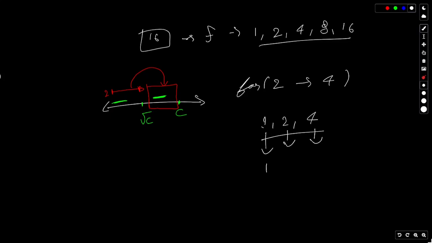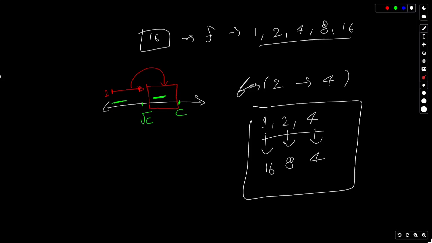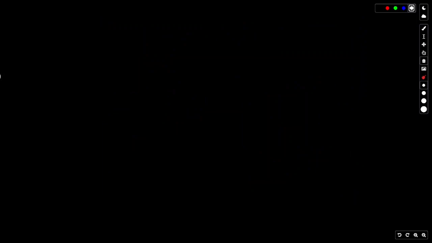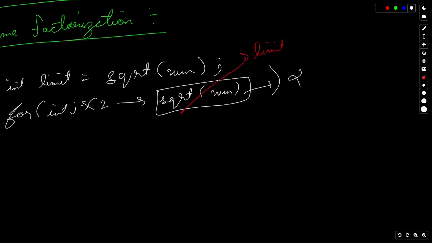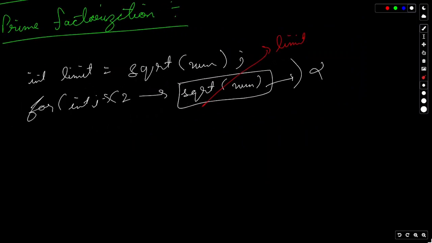Like 1 multiplied by 16 equals 16, 2 multiplied by 8 equals 16, and 4 times 4 equals 16. So we can get every other factor by just iterating till root c. This is the logic, and that is why we will be running a for loop only till root c.